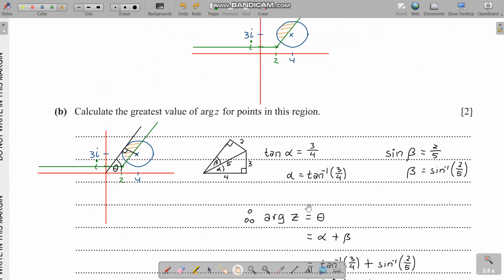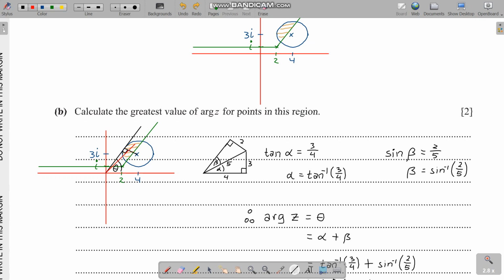So z is the point, so it's like a line from the origin to any point on the shaded area. So the shaded area is around here, so the line can be like this, to any point on the shaded area.